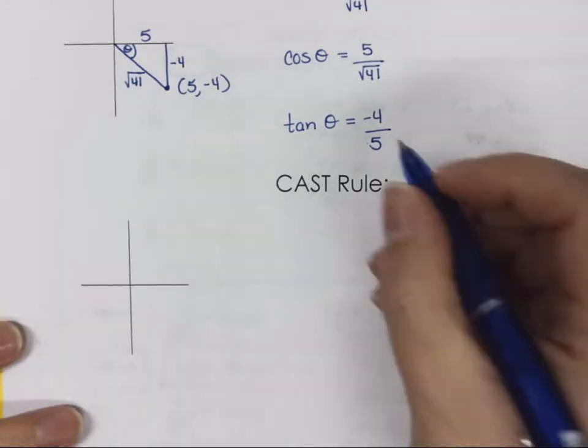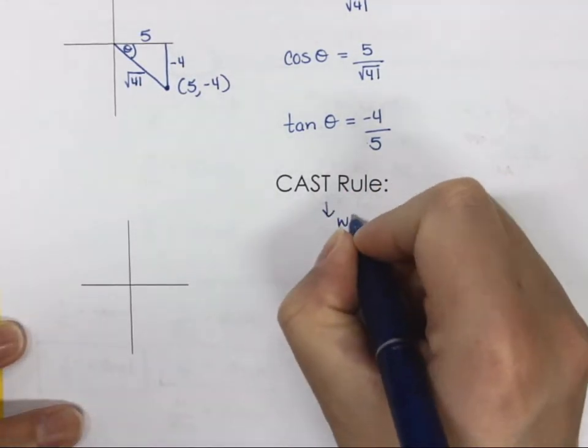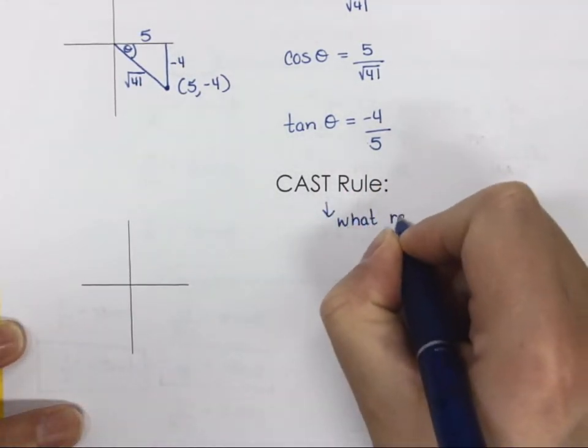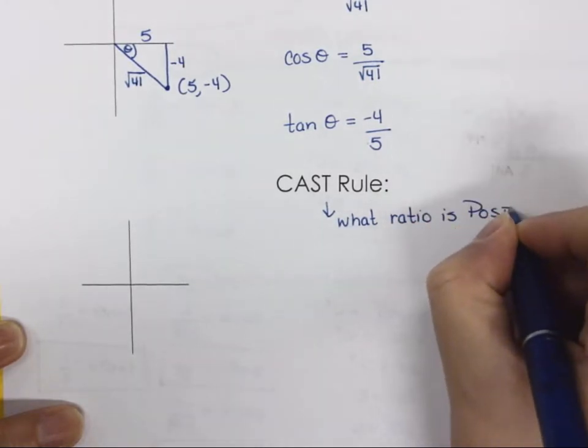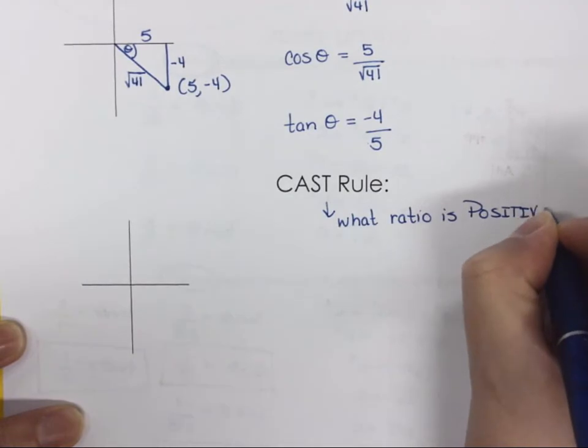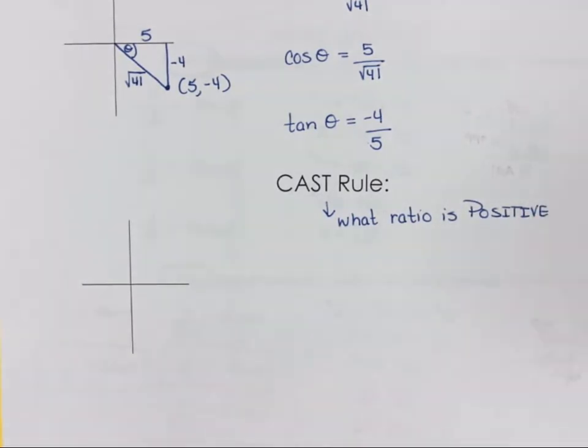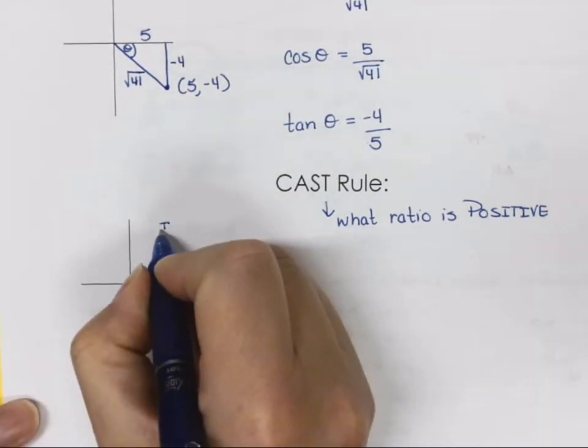So the CAST rule tells us what ratio is positive where on this coordinate plane. Going back to page 1, what ratio is positive in quadrant 1?